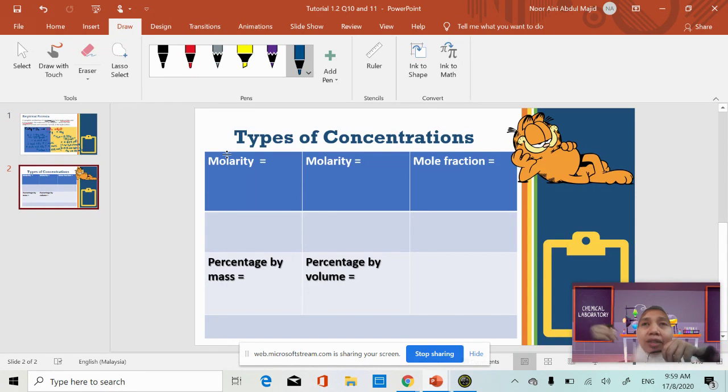Now, for a concentration to exist, there must be a solution. Everything is called solution, and what makes up solution? It is solute plus solvent.